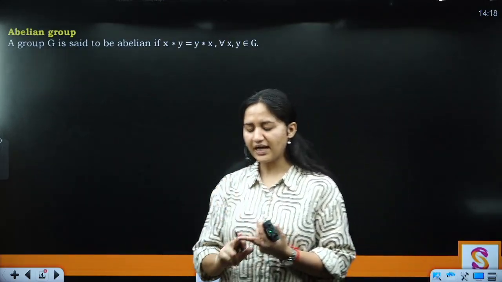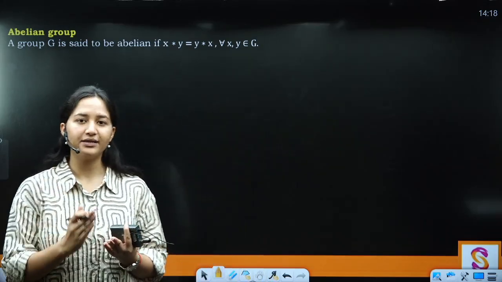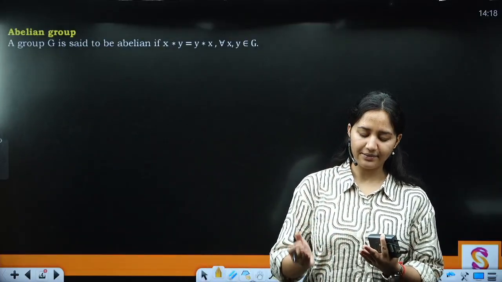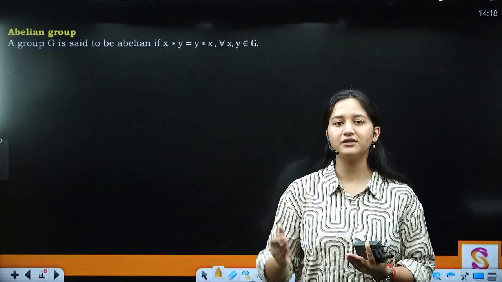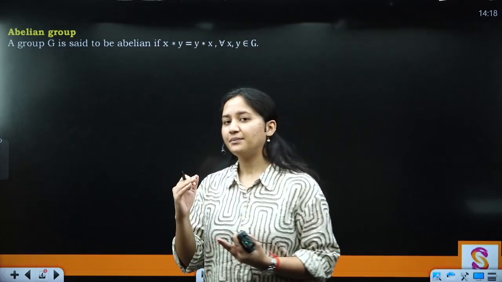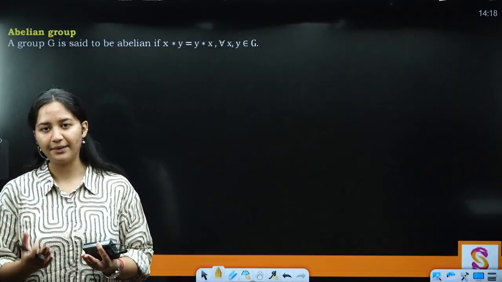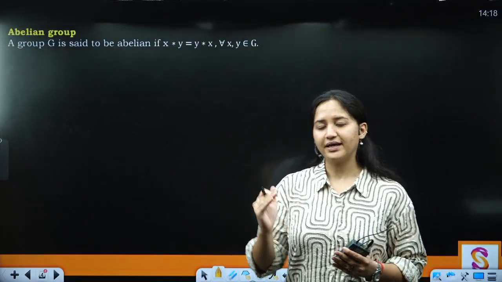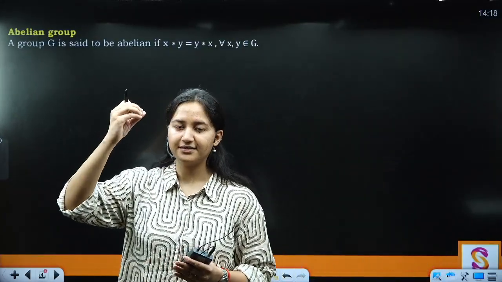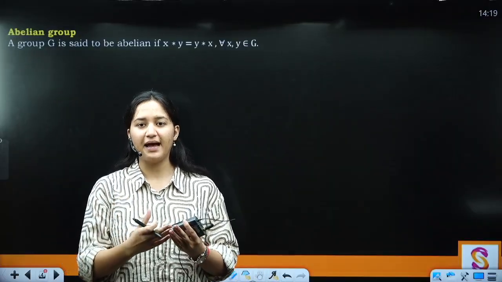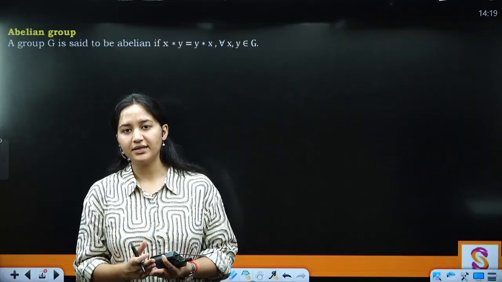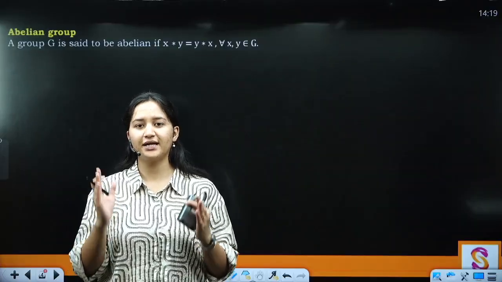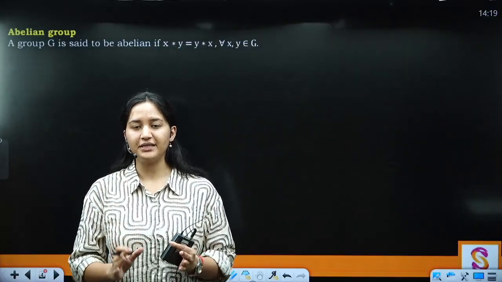I know it might feel a bit repetitive when we talk about groups in general, that every time we talk about closure, associativity, inverse and identity, but it is very important for this repetition to happen. Why? Because then only you will have enough material. When we are just following some thoughts in our minds, that does not pan out well on the paper. So it is very important to get repetitive with all the concepts so that you have so much material that it gets very fixed into your memory.